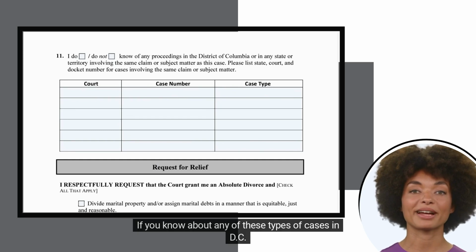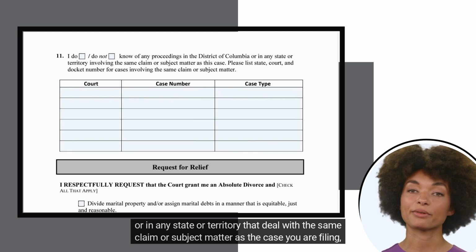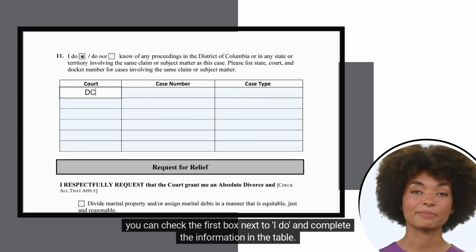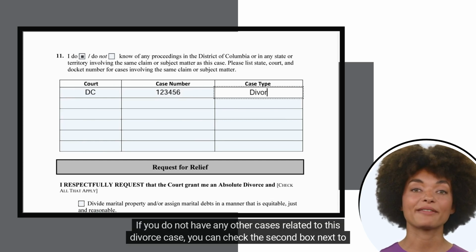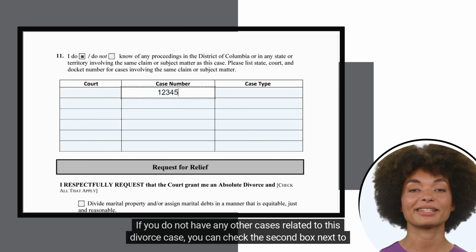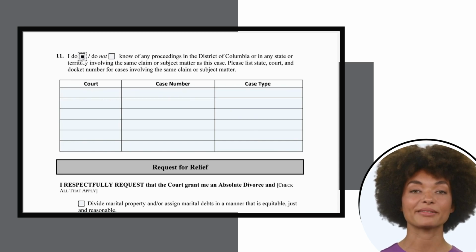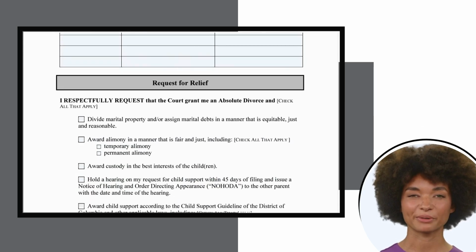If you know about any of these types of cases in DC or in any state or territory that deal with the same claim or subject matter as the case you are filing, you can check the first box next to I do and complete the information in the table. If you do not have any other cases related to this divorce case, you can check the second box next to I do not.